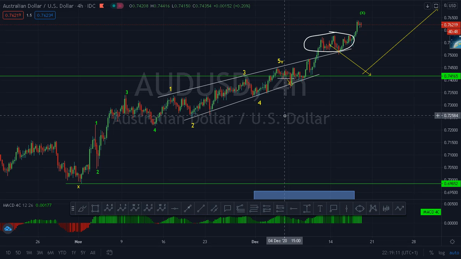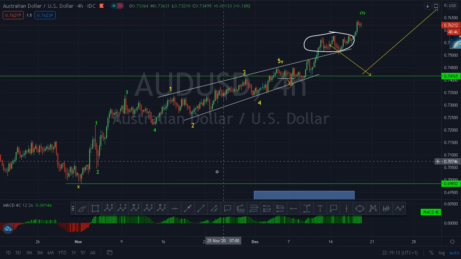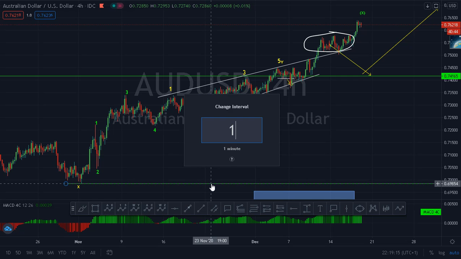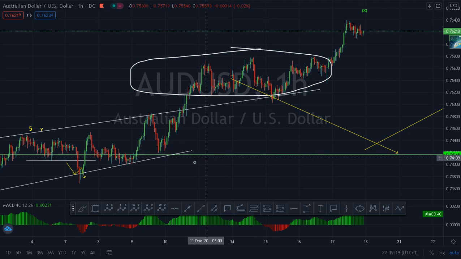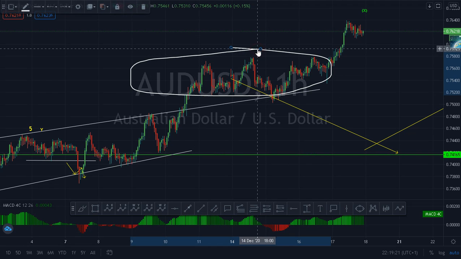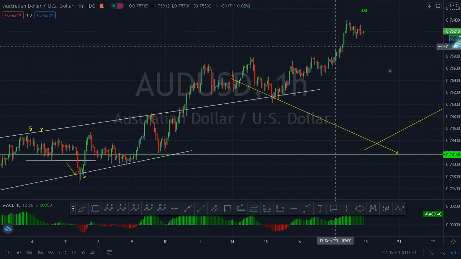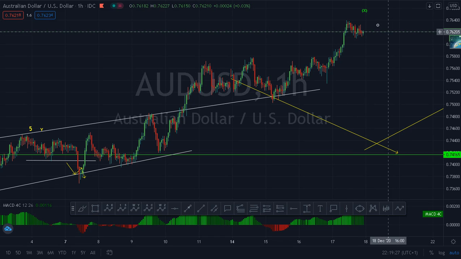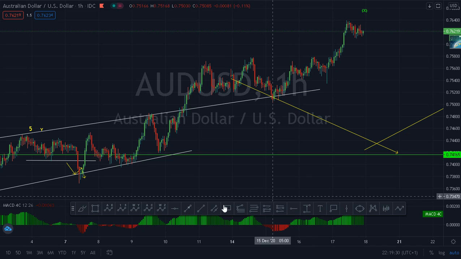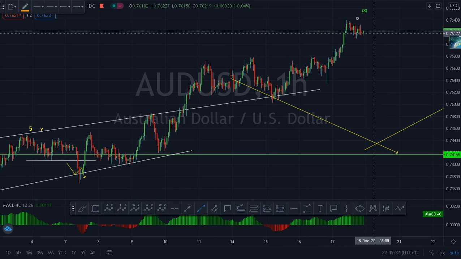Well, it will keep going up. It is going up. I'm waiting for a reversal candle or any other thing. I think from what I'm seeing here, it will continue going up.